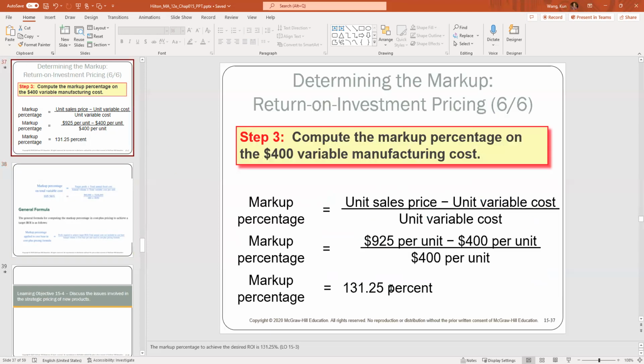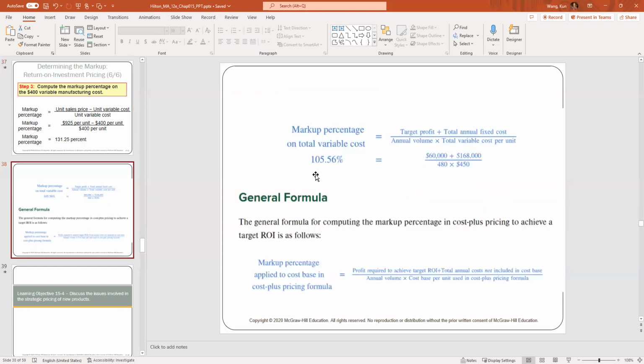From 131%, you drop down to 106%. Now, if we add the variable selling and administrative elements as well.